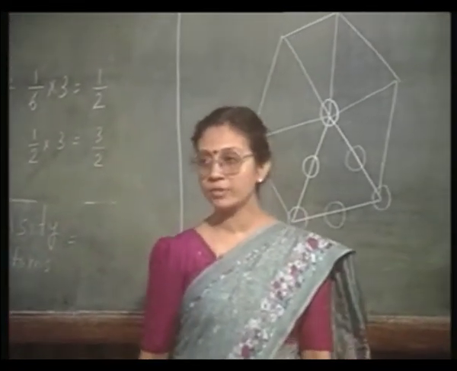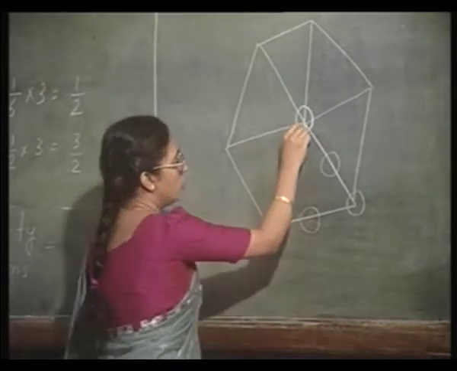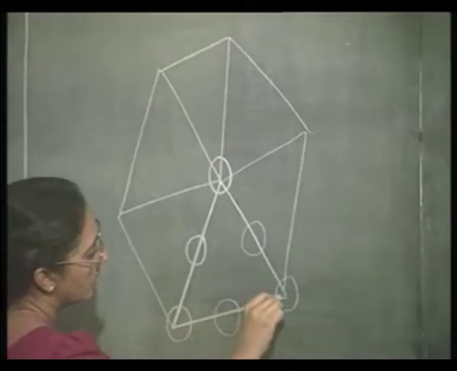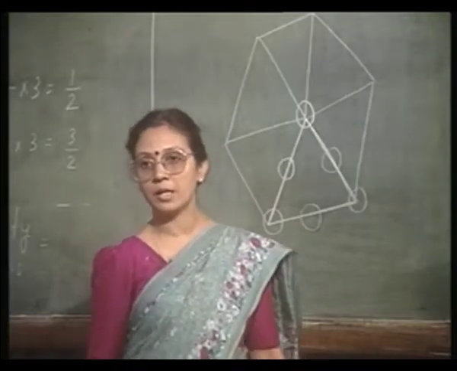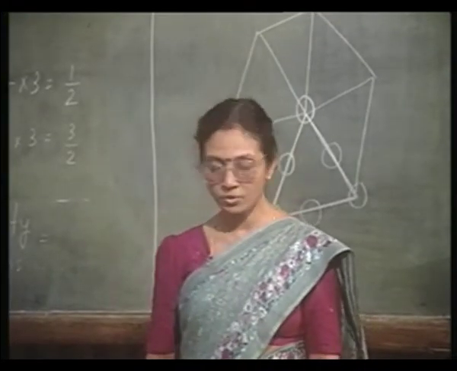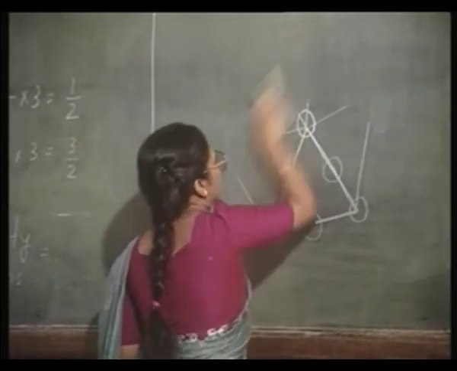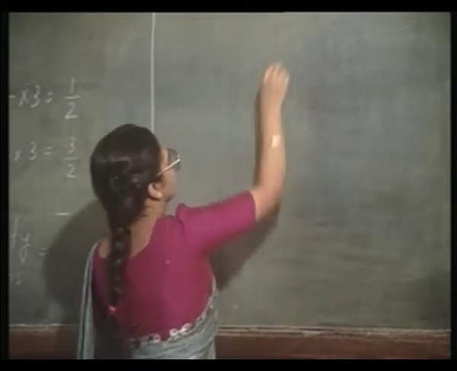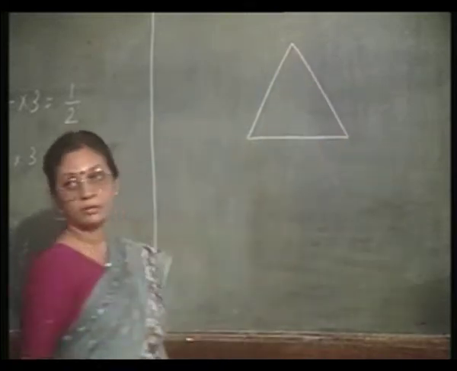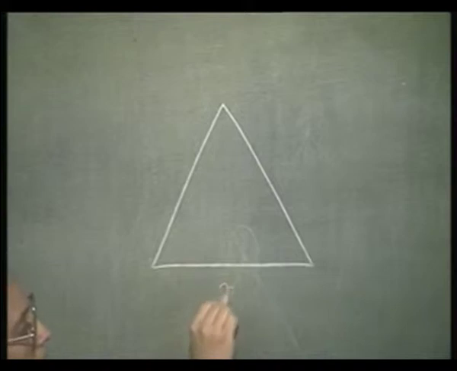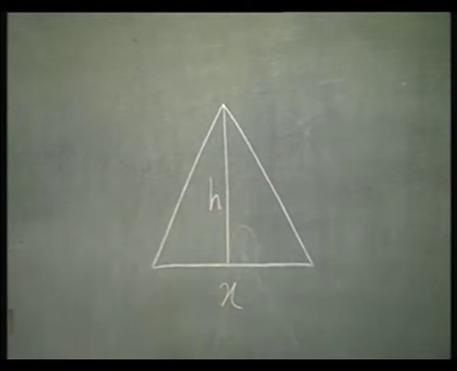What about the area of this 111 plane? As you know, this is an equilateral triangle, the area of the triangle can be given by half base into altitude. Therefore, let us do a little bit of high school geometry. I have this equilateral triangle, its side let us call it x. I drop an altitude from here, this is h.